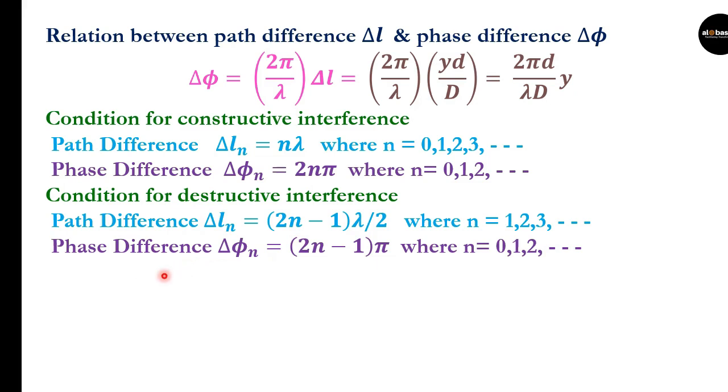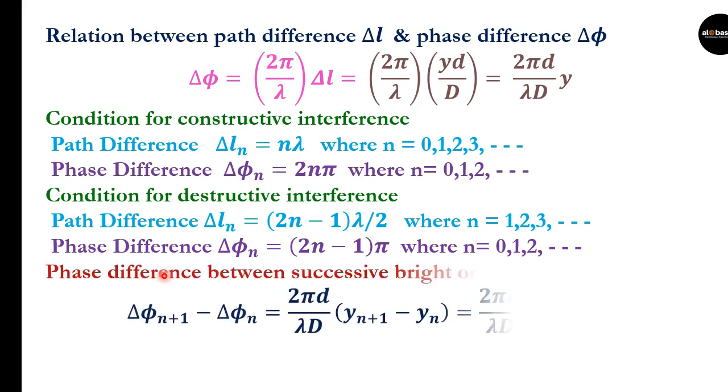As we have discussed, fringe width gives me the separation between two fringes in terms of distance. Similarly, in terms of phase, the phase difference between two successive bright or two successive dark bands is given by delta phi n plus 1 minus delta phi n, and it is 2 pi d upon lambda D. Same thing I am using.